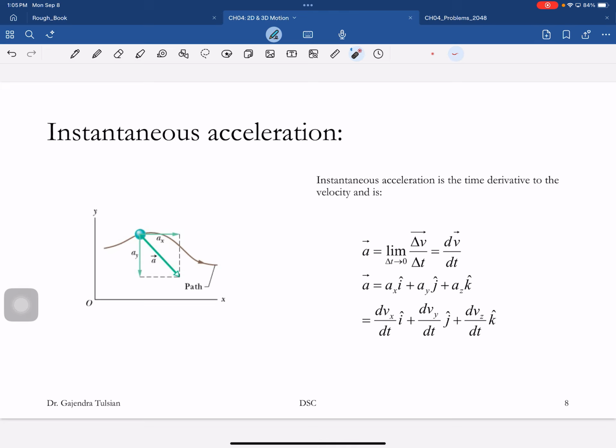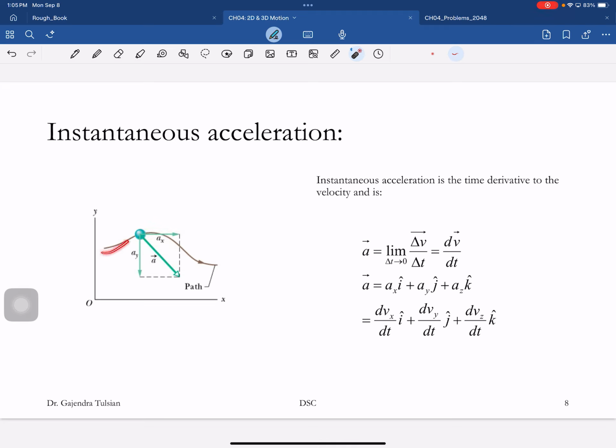Velocity is a vector, so I think a lot of confusion is arising because velocity is different from speed. If you have a tangential acceleration, that means the magnitude of the velocity is changing. So you can go on a curved path, and if your speed is constant, this component of the acceleration will be zero.